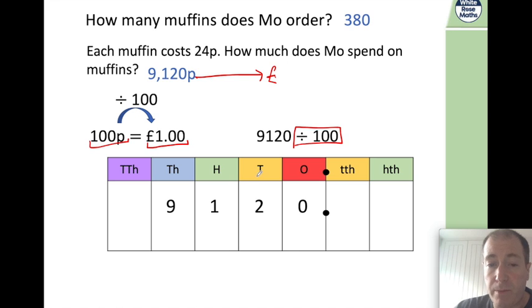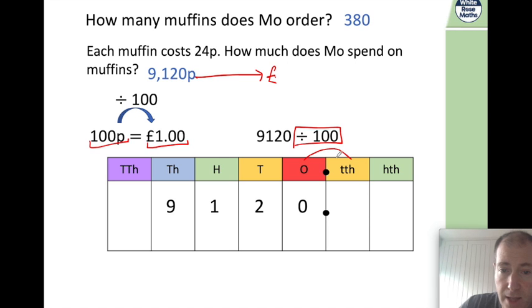Because as we move numbers to the right on the place value grid, they get 10 times smaller. But we want to go 100 times smaller. So every time we move a number, it becomes 10 times smaller. And if we move it again, it becomes 10 times smaller again. If we jump 2 place value columns, it's getting 100 times smaller.